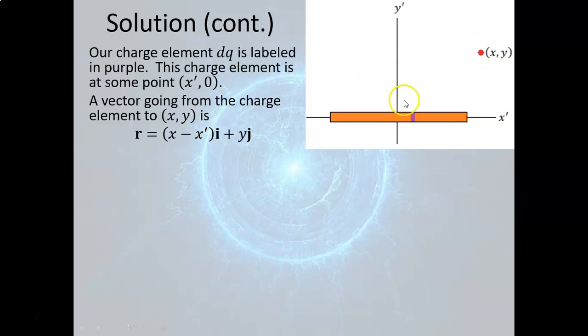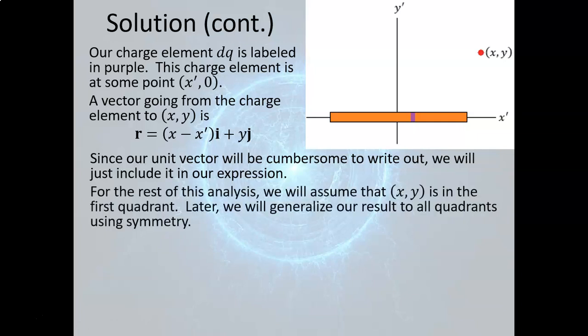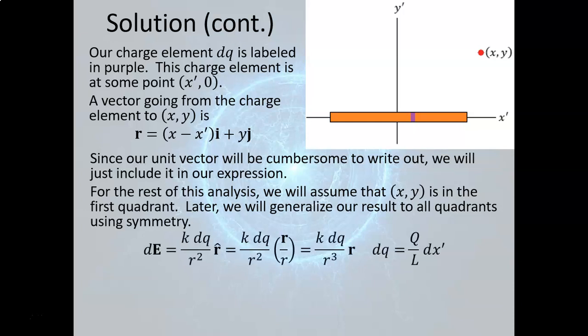Well, in order to figure out what that unit vector is, I need to write out first what my actual vector is going from my charge element to my point in question. Since our unit vector will be kind of cumbersome to write out, we're just going to include it in the expression. And again, even though our analysis is going to go for the first quadrant, it turns out we will be able to generalize our result to all quadrants.